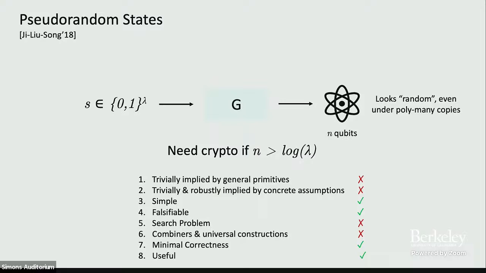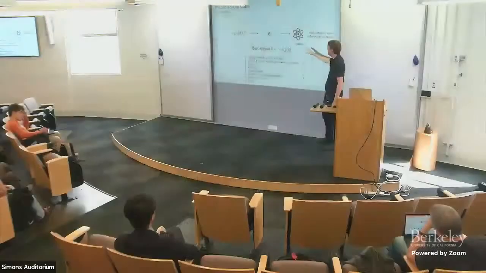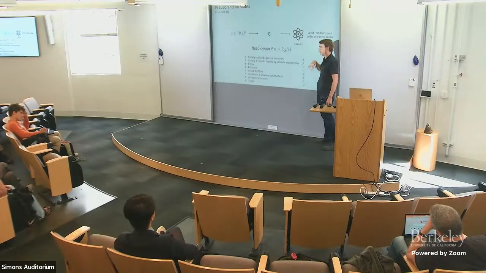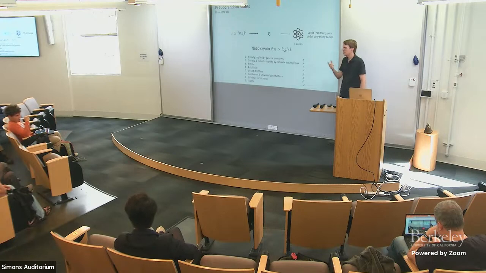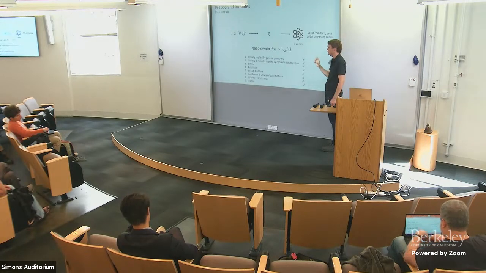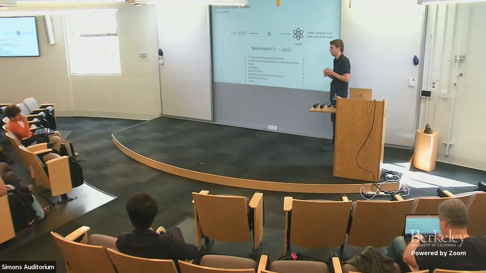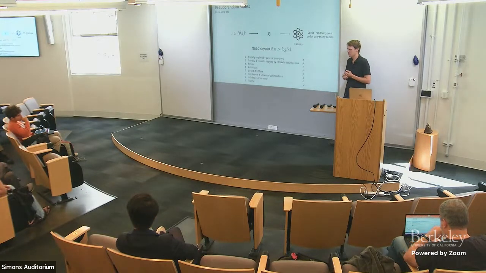Are you have a way of producing the state? Yes. This is the G here. So then, if you're given the G, you should be able to make any number of copies, right? Right. So in the security experiment, though, you're either given polynomially many copies of this, or you're given polynomially many copies of a random state, and that's the part that is not necessarily trivial to sample, just because you can't write down a random state in any finite precision.